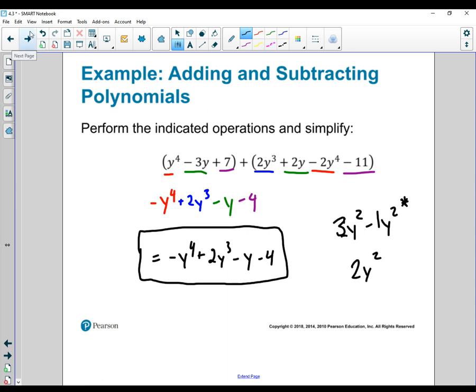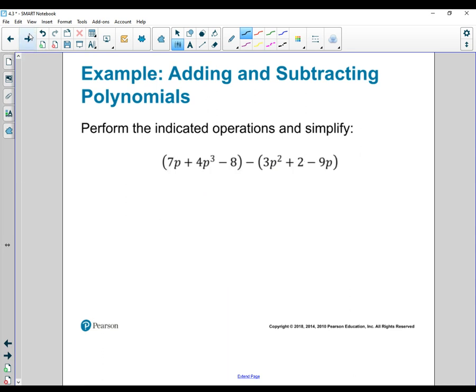Okay, let's maybe do some subtraction. So when we subtract, we have to distribute this negative into all of these parentheses. So you could do that at the beginning and then just add, or you can line them up and do it later, right?